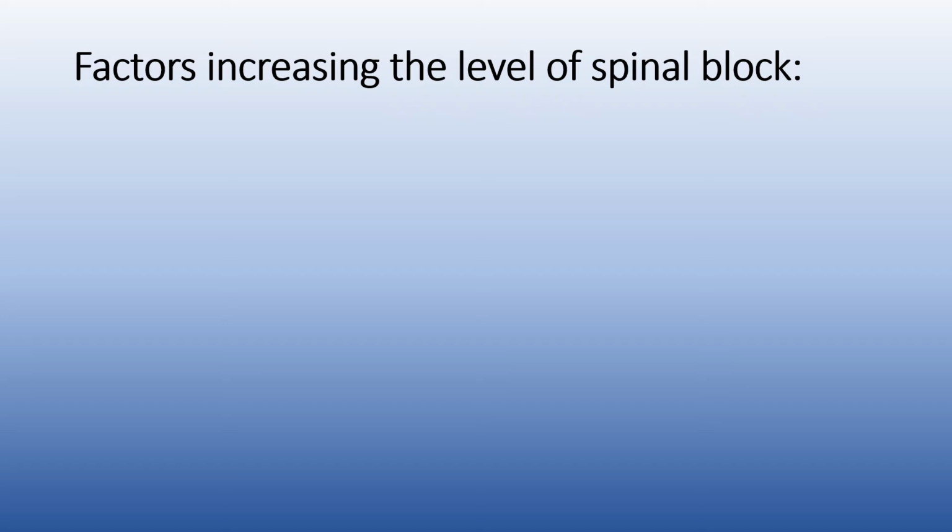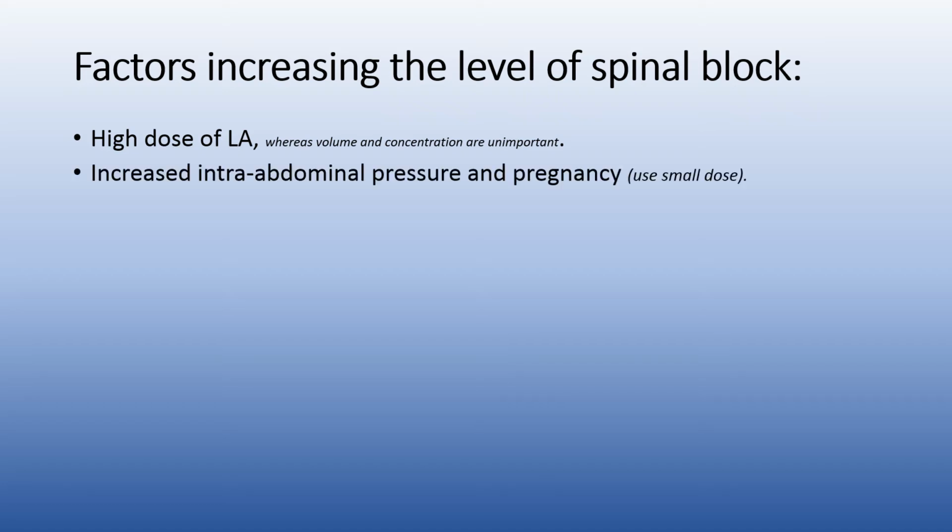Factors increasing the level of spinal block. First, the higher the dose, the higher the level. It is not dependent on the volume or the concentration given. Increased intra-abdominal pressure and pregnancy. So we should use a smaller dose in these cases. High site and rapid rate of injection.